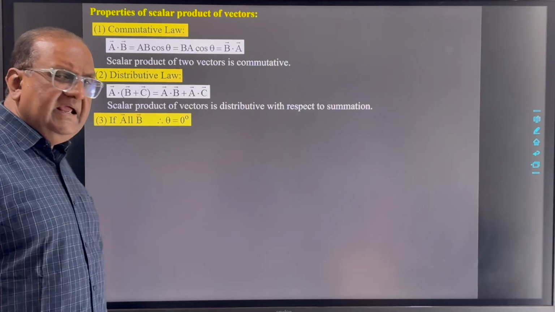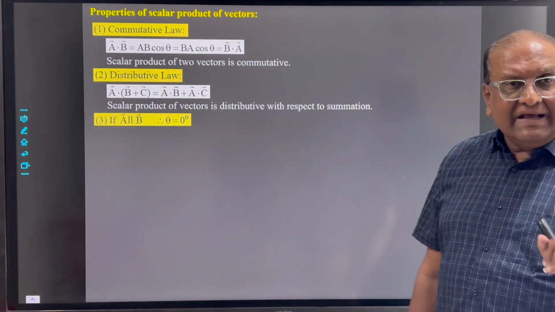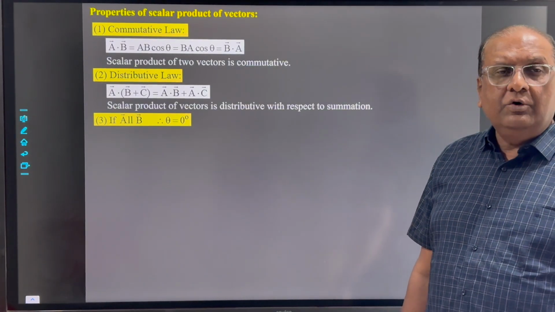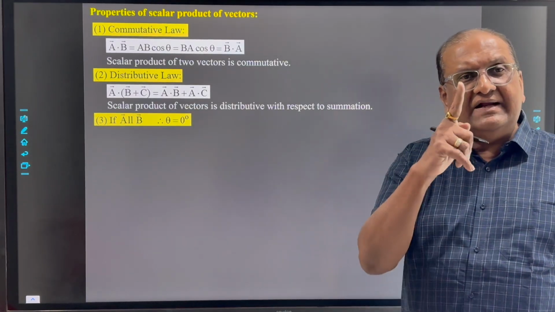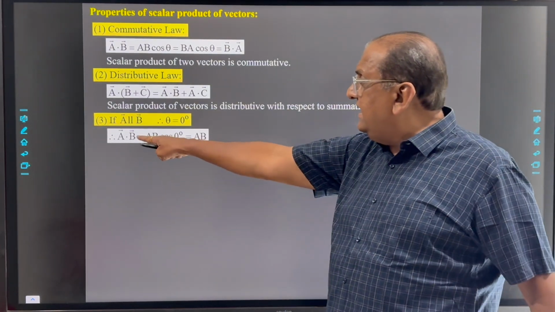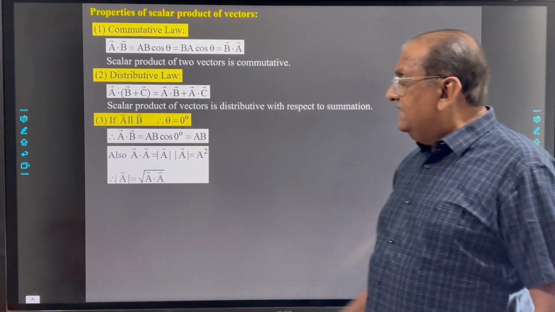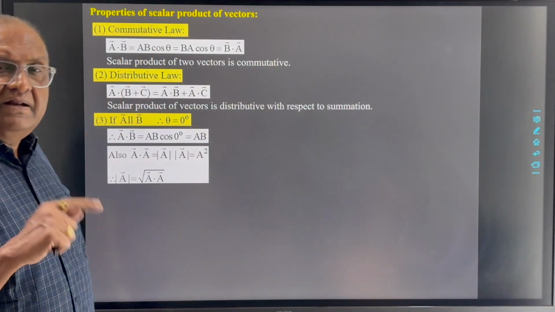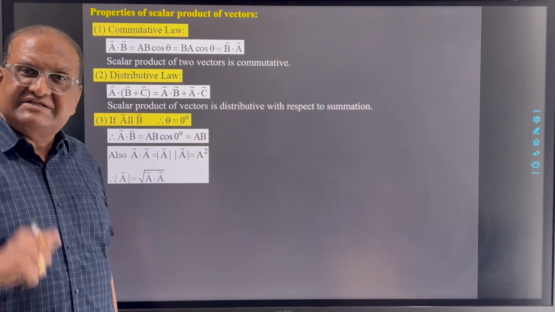Now suppose A and B are parallel to each other. If A and B are parallel, theta is 0. So if theta is 0, then cos theta, that is cos 0, is equal to 1. So in that particular case, simply we can write A dot B is AB. Clear? Now suppose we take A dot A. Then vector A dot vector A is simply A into A, that is A square.